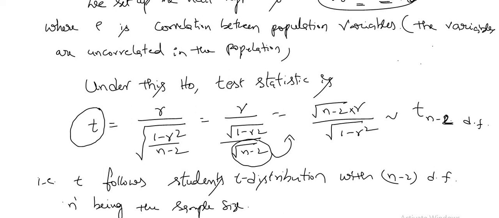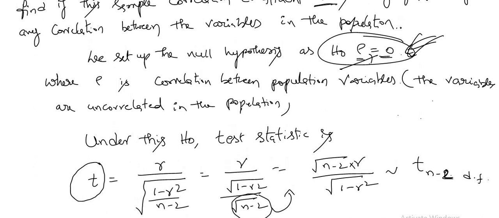That is, even if rho equals 0 between the variables, when we take some sample values there is no guarantee that we will get exactly zero. With a sample it may or may not be exactly zero. But if we get something like 0.1, 0.05, 0.2, will it be considered a population having rho equal to 0? Population means there are thousands, lakhs of values, but we cannot get all of them.